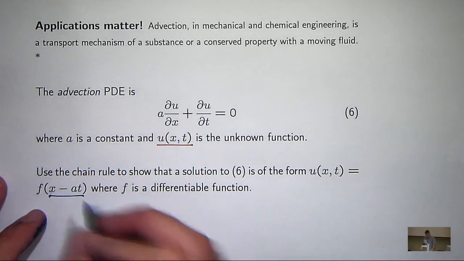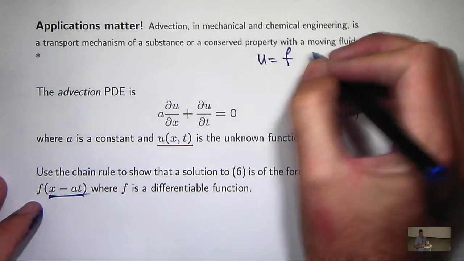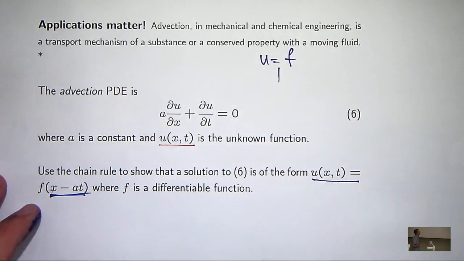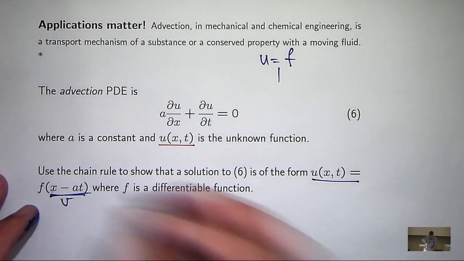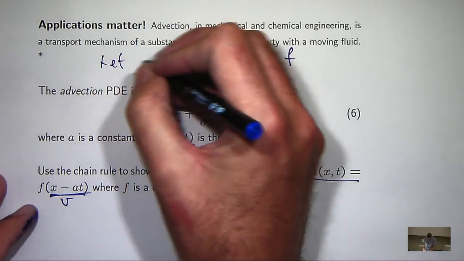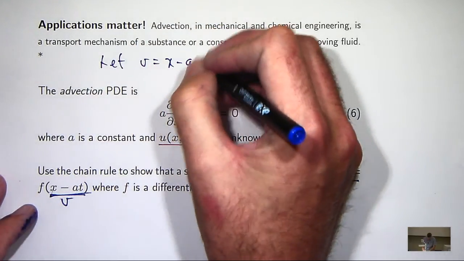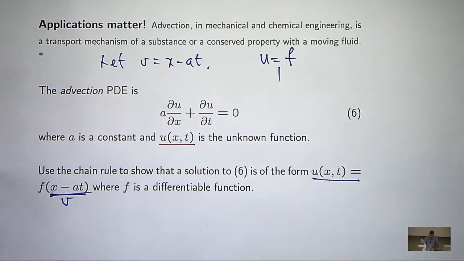All right, so under this relationship here, f depends... Oh, sorry. Let's make an intermediate variable. So I'm going to say let v equal x minus at. Okay, a is a constant, x and t are your variables, right?